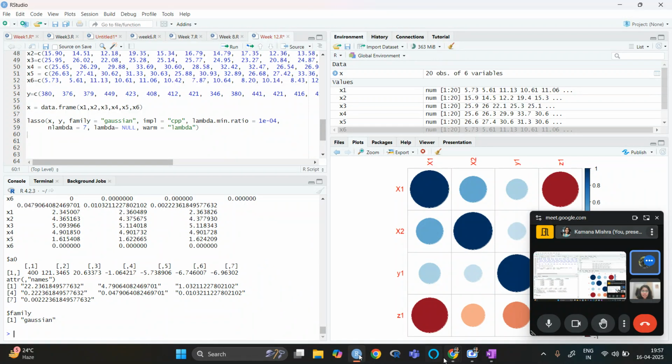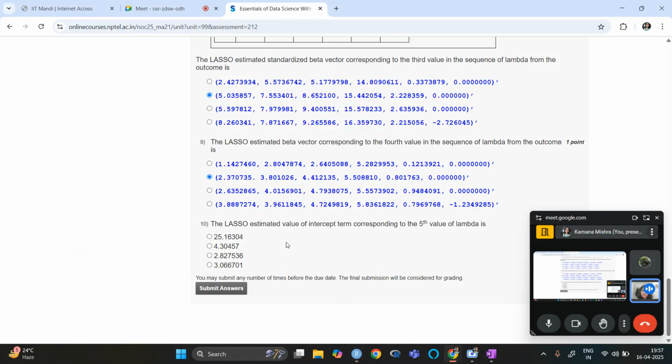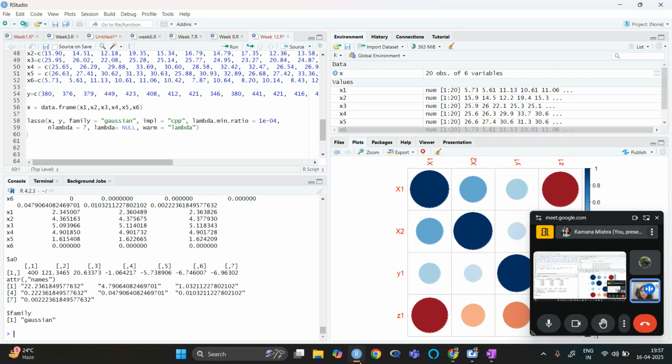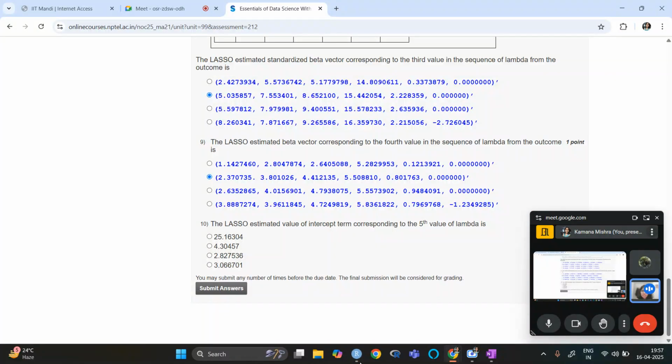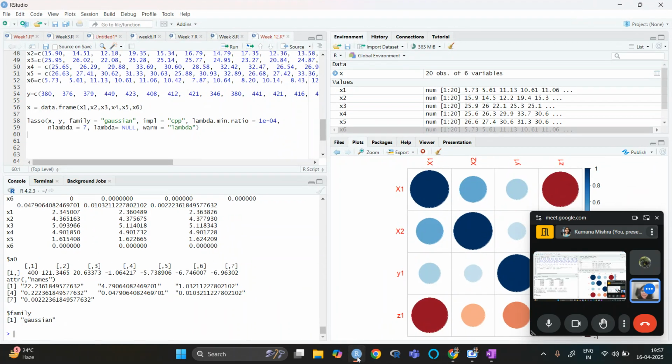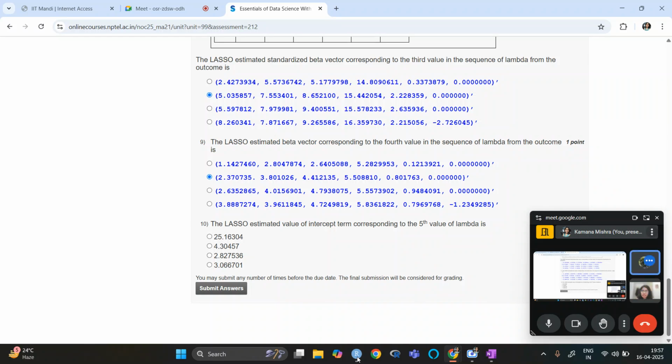Okay, you can try, but whatever code they have given, the intercept term for the fifth one is 5.73. So it is neither in positive nor in negative. It is not given in the options. So you can take the nearby value, 4.3.